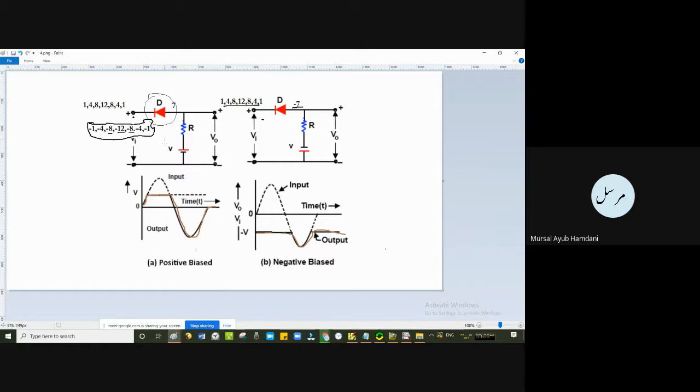You see, if we have here -1, so -1 and -7, which is more negative? -7. So that will render it still open circuit. So it stays at 7 here, and here.